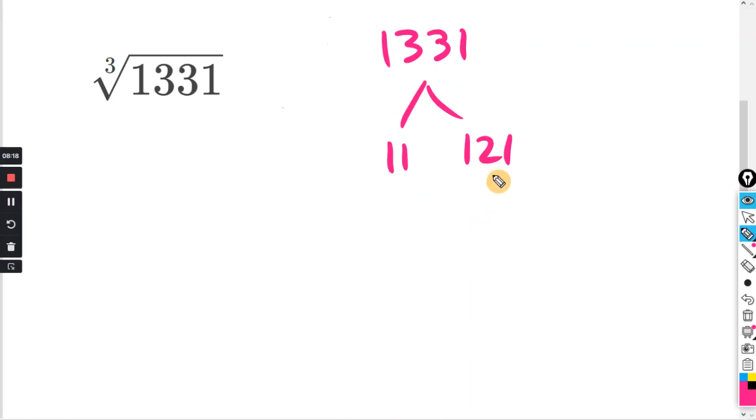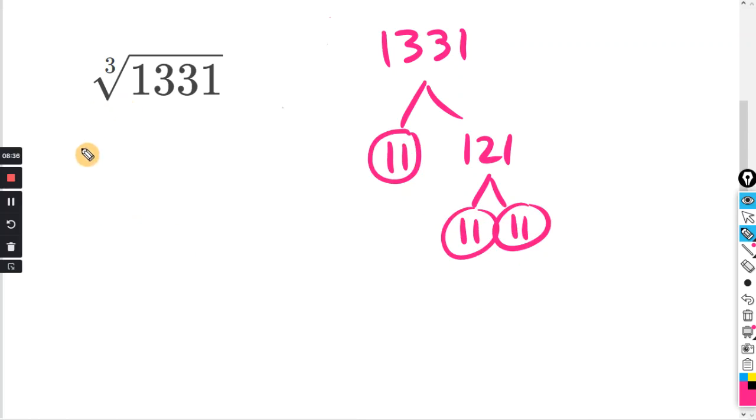You're going to have to keep going up, and you'll see that 121, again, is divisible by 11. 121 divided by 11 is 11. So that's just 11 times 11 to get 121. And these are the 3 prime numbers.